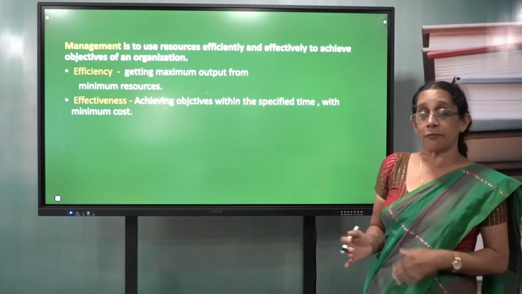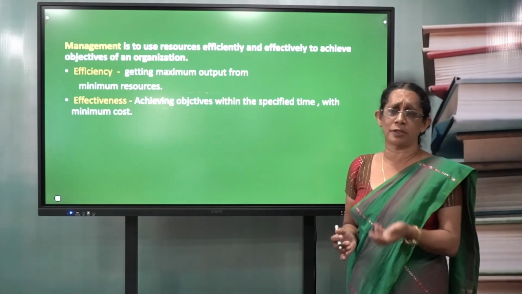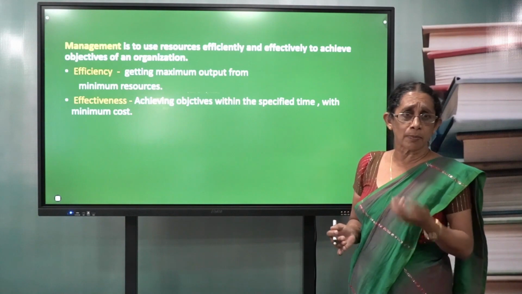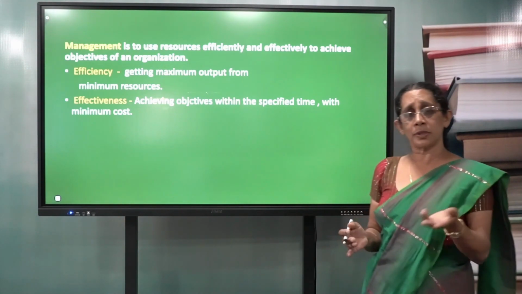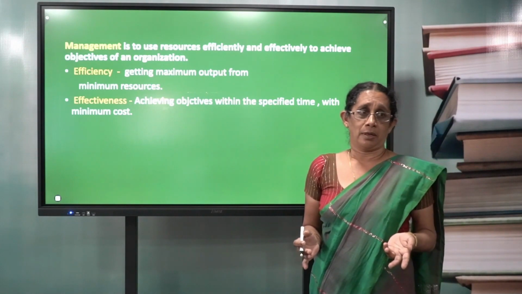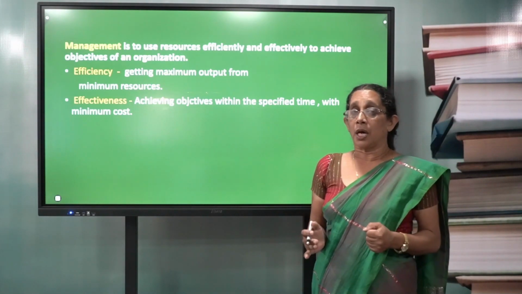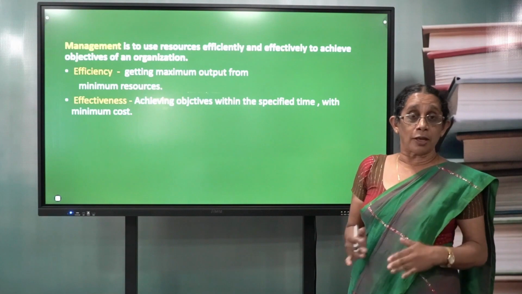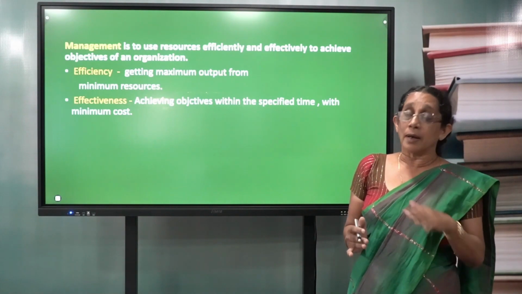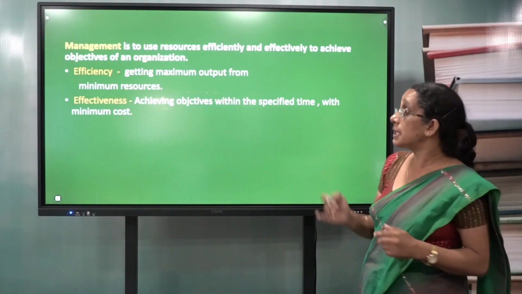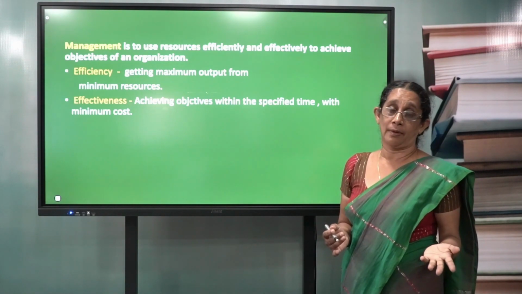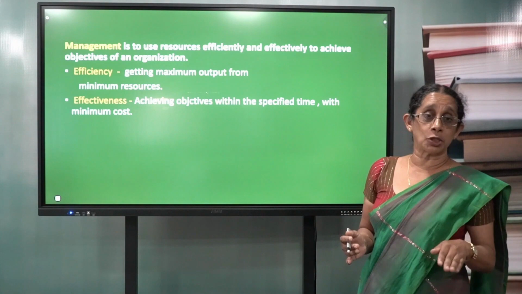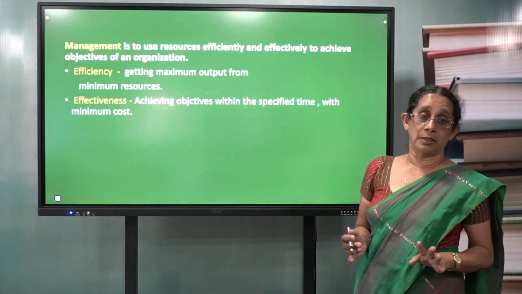Imagine now that the objective of a particular business is to increase their profit. If they want to increase their profits, they have to reduce the cost. To reduce the cost, they should know how resources should be utilized properly. They should know how to manage resources productively.